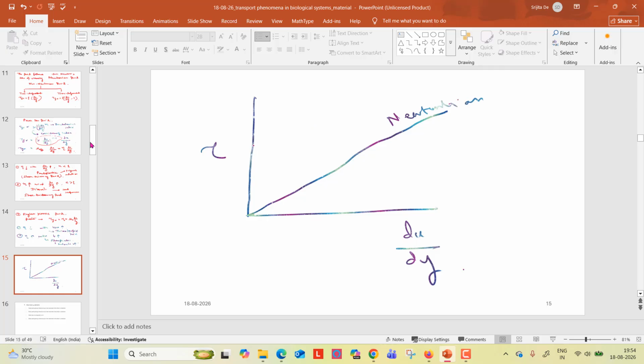For the Bingham plastic fluid, after the tau_0 it is going to have a Newtonian-like behavior, right? So it is Bingham plastic.